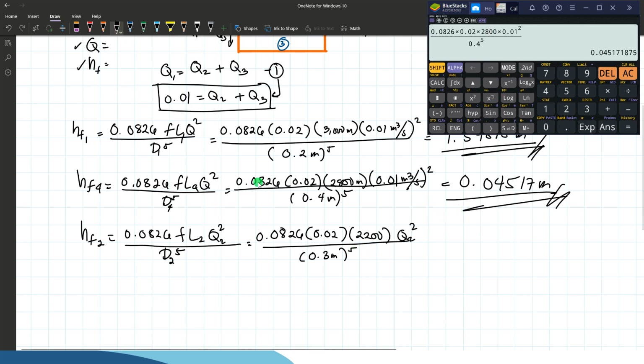So let's now solve the coefficient, because we have one variable, Q2. What will be the equivalent coefficient of this variable Q2?